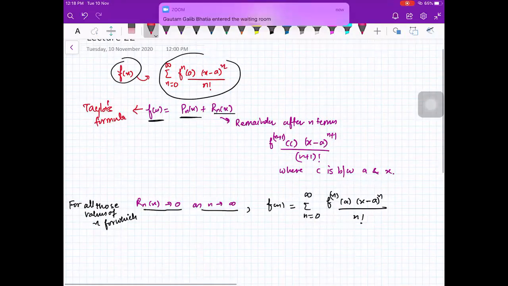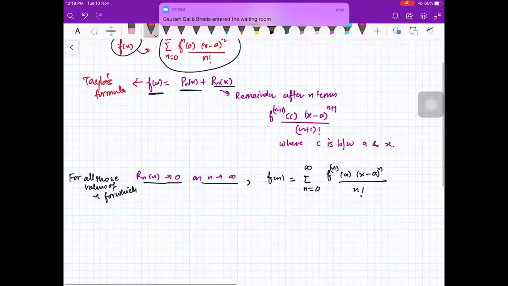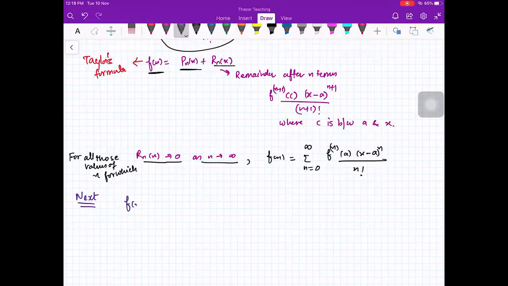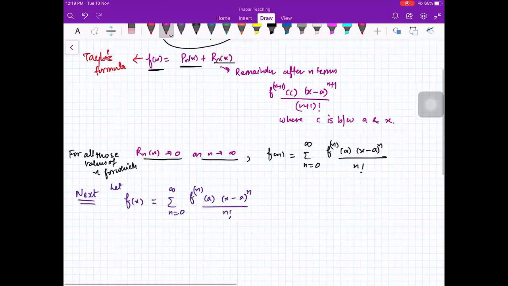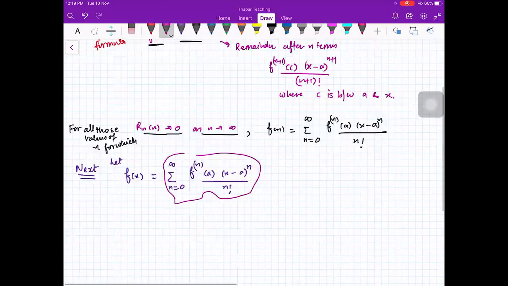Now the next thing which we are discussing is, suppose you have f of x and let f of x be equal to the sum of the power series. Suppose this is true, and because there are infinite number of terms, I will just take the first few terms to approximate my f of x.